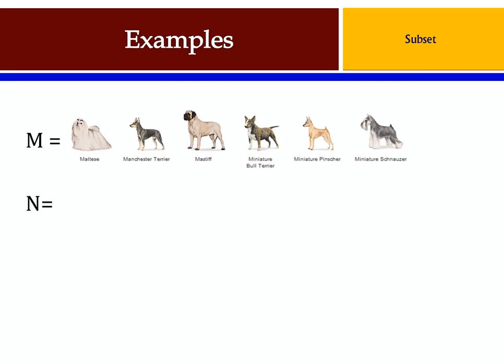Here is our set M. Our set M is all of the dogs recognized by the AKC whose names begin with the letter M: the Maltese, the Manchester Terrier, the Mastiff, the Miniature Bull Terrier, the Miniature Pinscher, and the Miniature Schnauzer. And our set N is the Miniature Bull Terrier, the Miniature Pinscher, and the Miniature Schnauzer.